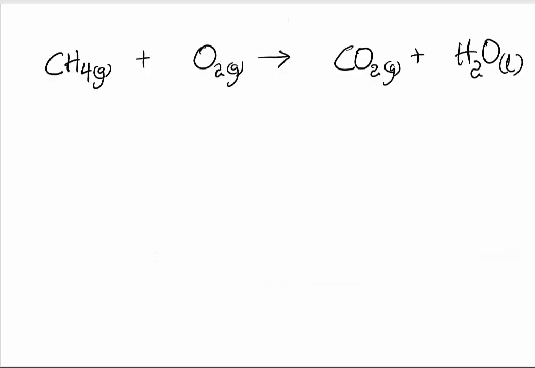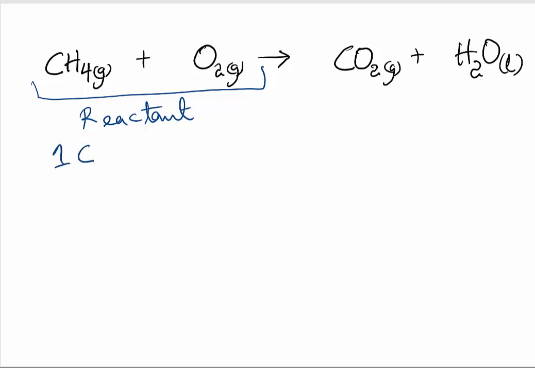Take a look at the reactant side. The side where you are adding the two things together, that is referred to as the reactant side. We have one carbon atom. We have 4 hydrogen atoms on the reactant side, and we have 2 oxygen atoms. Now take a look at the product side.